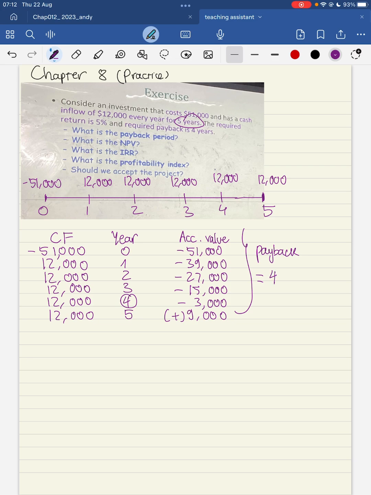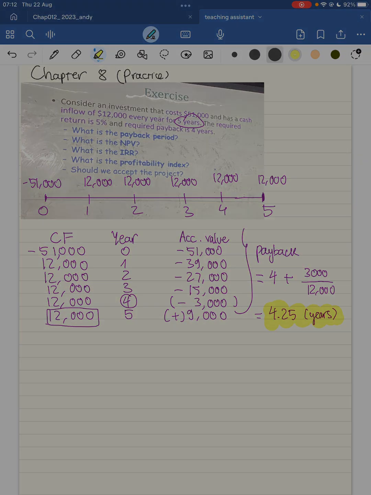So we have 4 plus 3,000. 3,000 is the negative number of the accumulated value in year number 4, divided by 12,000, which is the cash flow in the last year of the period. Calculating this, we have the answer of 4.25 years. Therefore, the payback period is 4.25, and 4.25 is our final answer for this question.